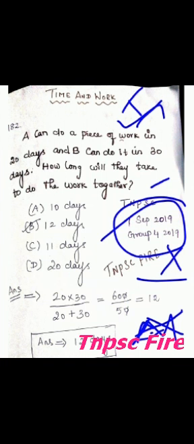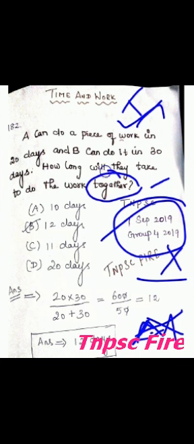For example, in this question they say together. Together means you use the same two values in the denominator, but you add them.